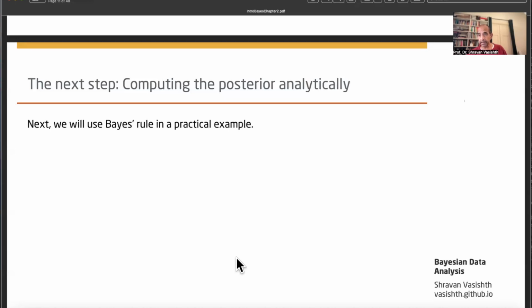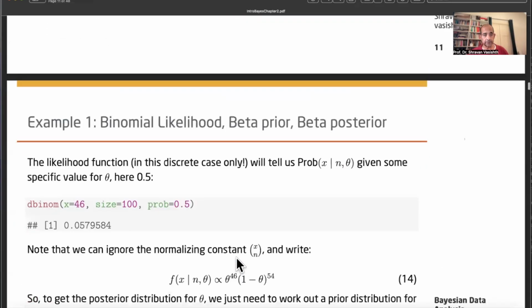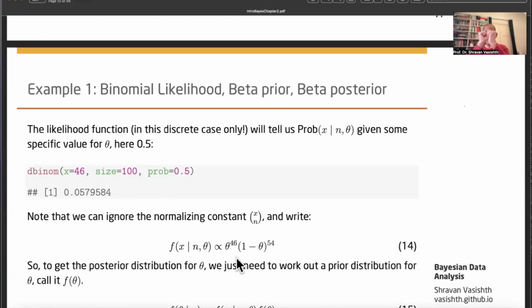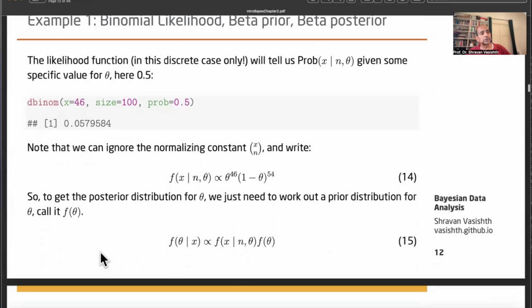We're going to use that likelihood function, and I'm going to have to define a prior on the theta parameter, which represents the probability in the binomial. And then we're going to proceed from there. I'm going to literally multiply the likelihood with the prior to get a posterior, right? All right, so let's go.